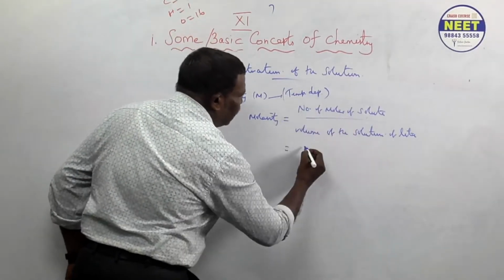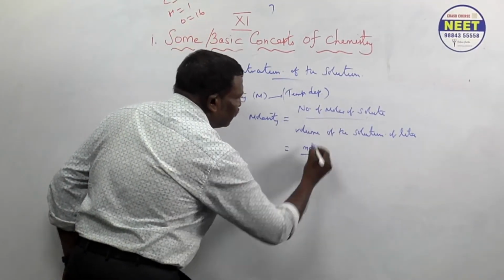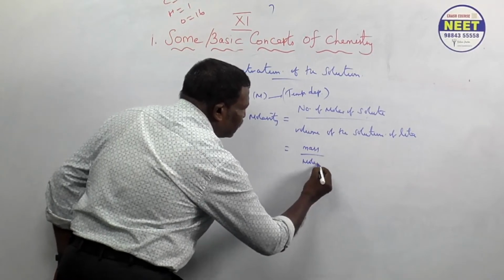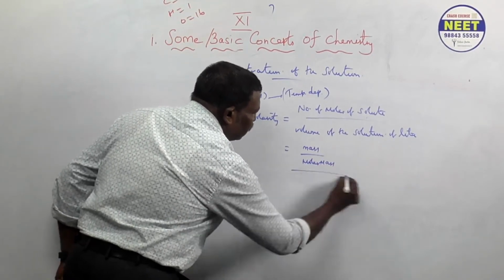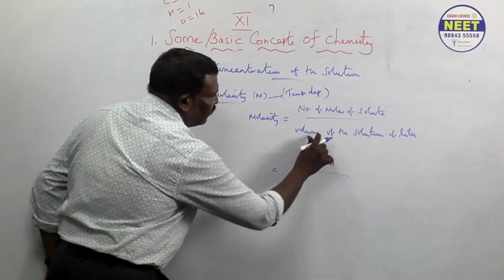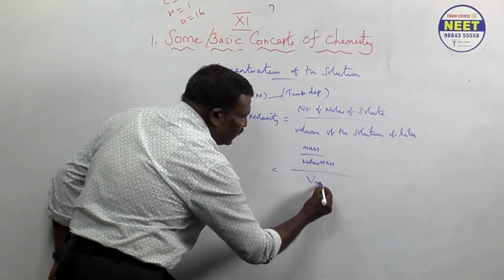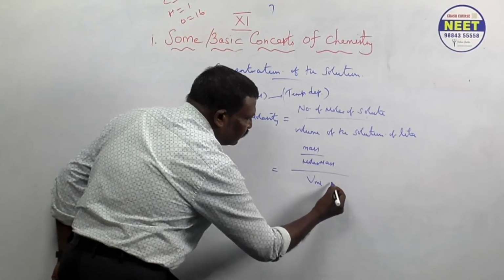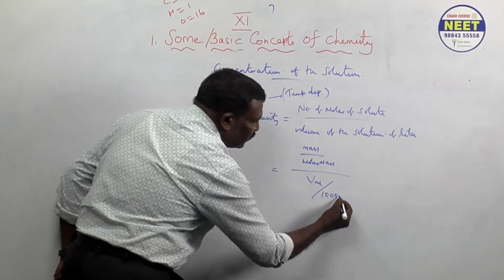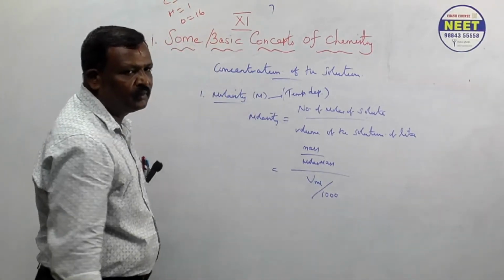Number of moles, what's the formula? Mass by molar mass, correct or not? By volume of solution in liters.